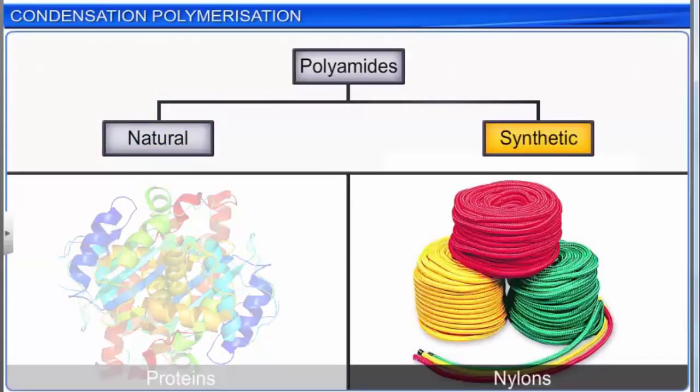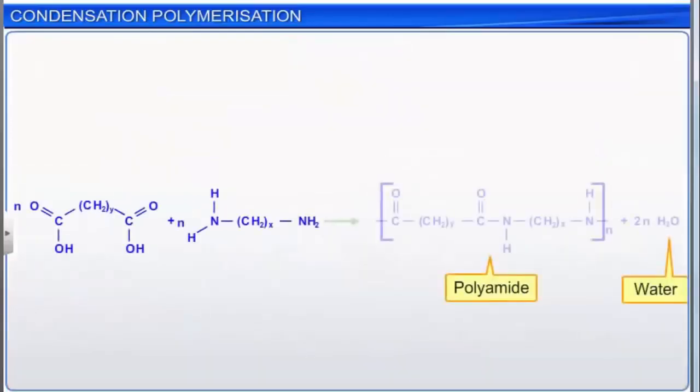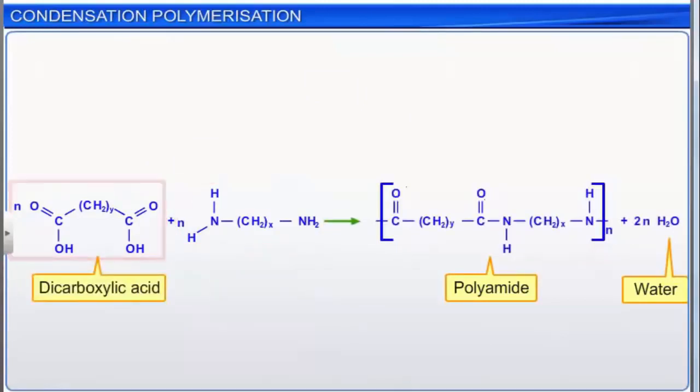Nylons are commercially important synthetic fibers. The general reaction to obtain polyamides can be described as the reaction of diamines with dicarboxylic acids or dibasic acid to form amide linkages.